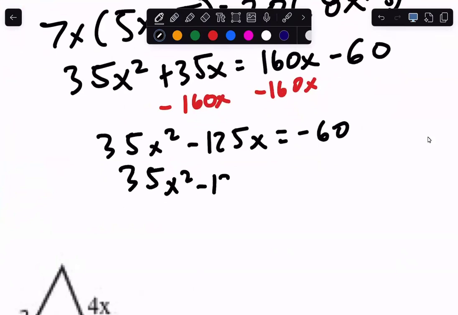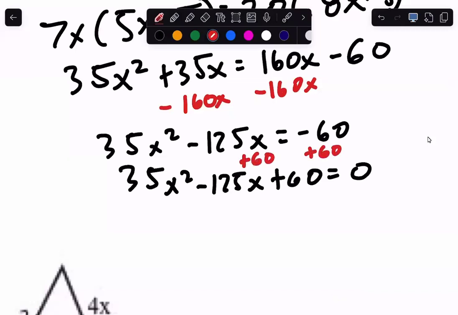35x squared minus 125x plus 60 is equal to 0. So we're adding 60 to both sides. Now I can see why this problem is hard. Okay. So remember, anytime you're trying to factor a quadratic equation, you have to find the GCF. So there's a value that goes into 35, 125, and 60. I believe the only number would be 5.